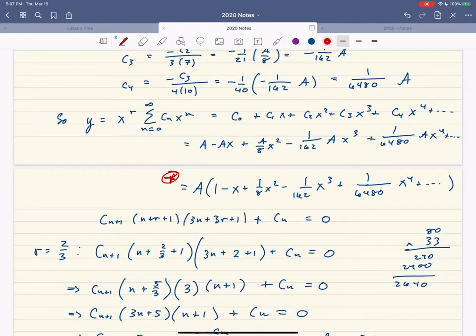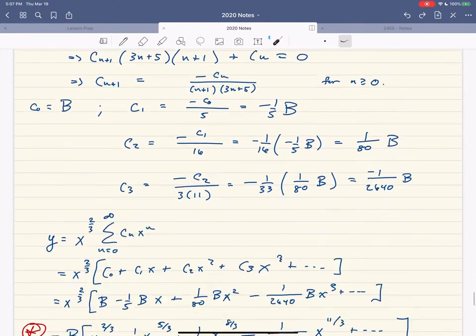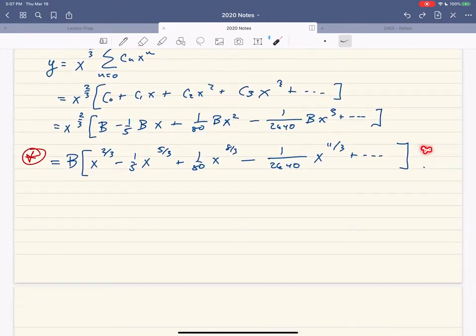This one genuinely is a power series, because the powers are non-negative integers: x to the 0, x to the 1, x squared, x cubed, and so on. So that really is a genuine power series solution. Here, this is not a power series solution, but a series solution.